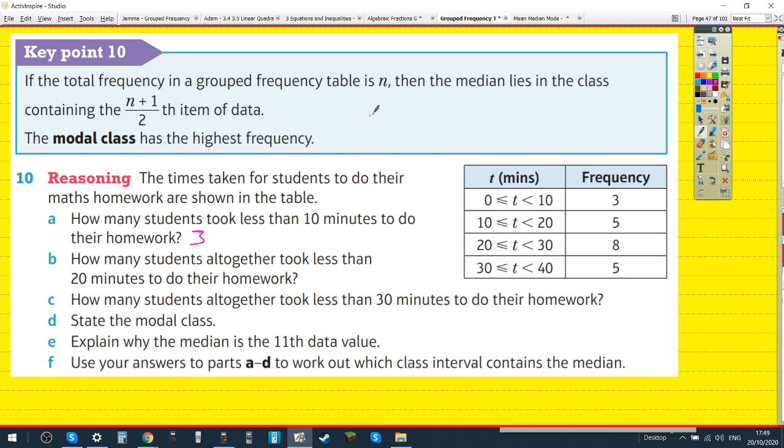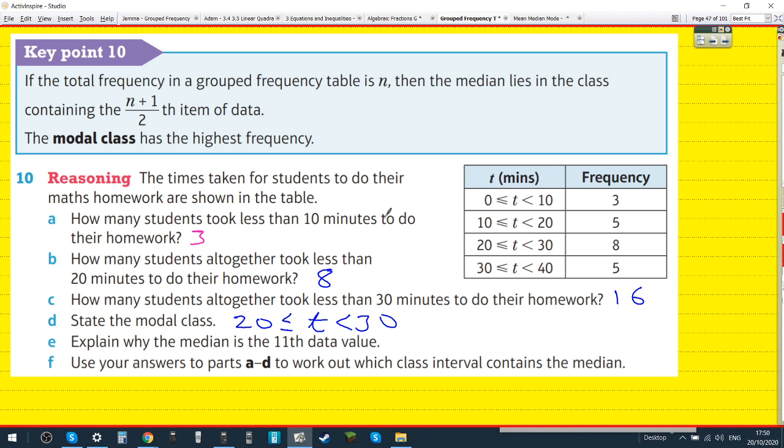How many students altogether took less than 20 minutes to do the homework? 8. Yep. How many students altogether took less than 30 minutes? 16. Mm-hmm. State the modal class. 20 to 30. Mm-hmm.